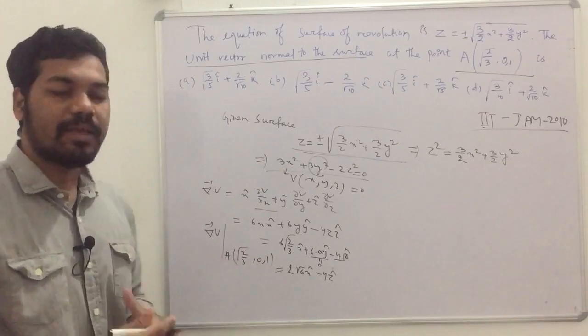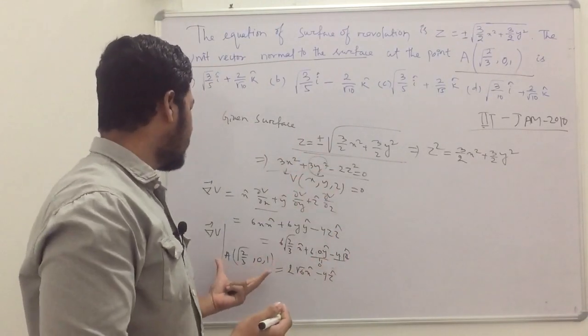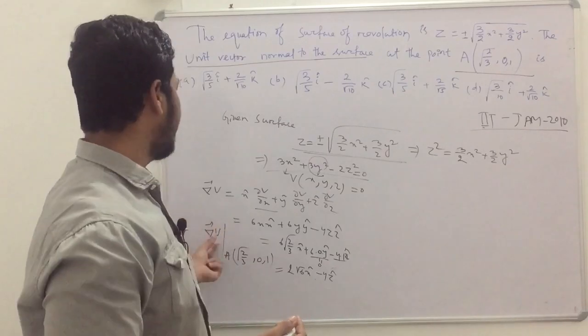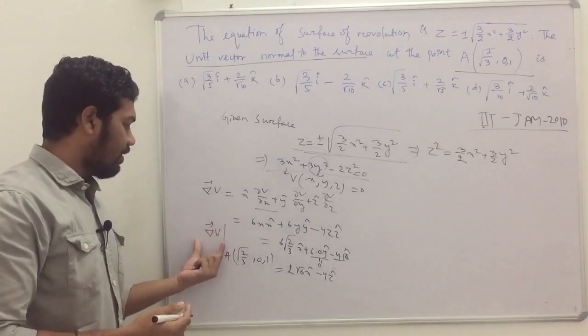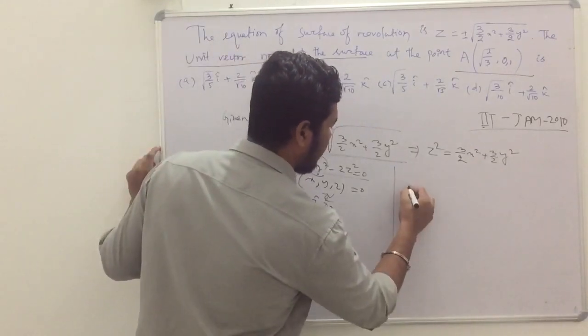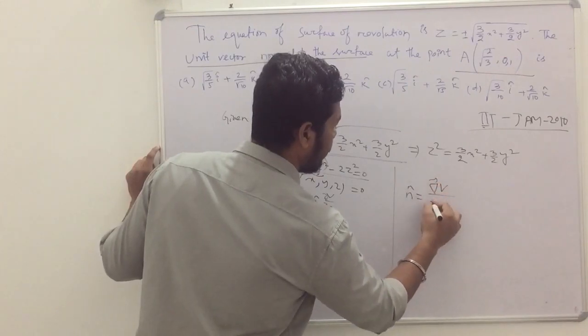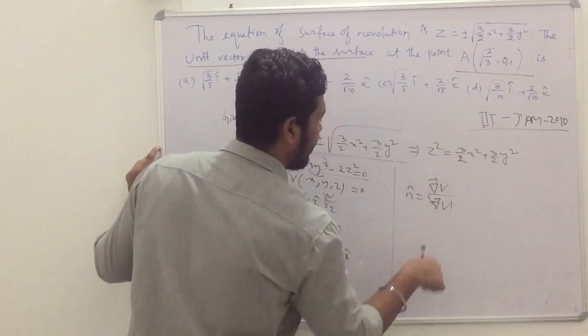To get the unit vector which is normal to the surface, you just have to find the unit vector of this grad v. Your unit vector n cap will be simply gradient of v upon the modulus of gradient of v.